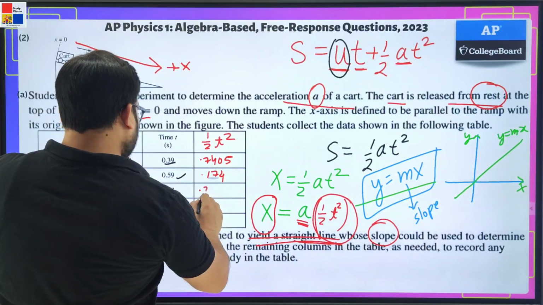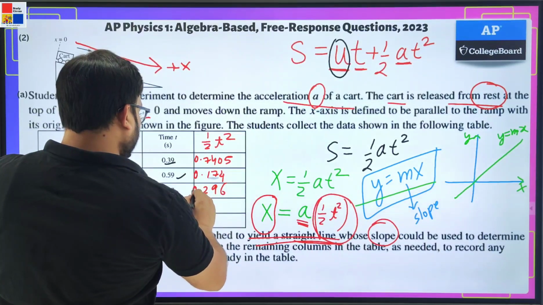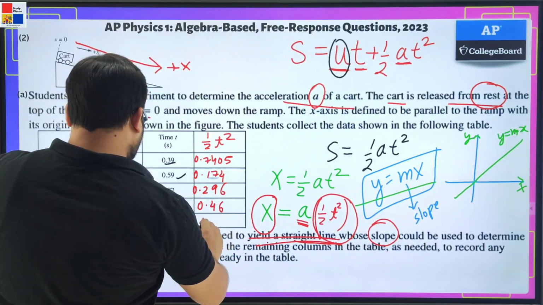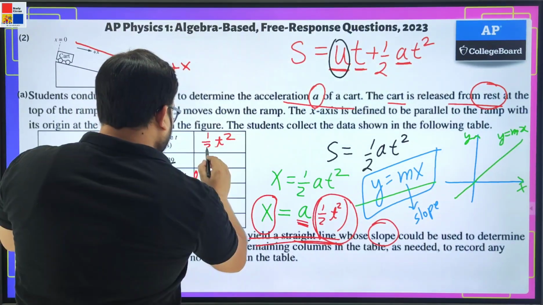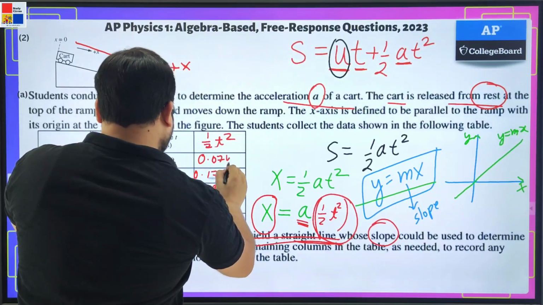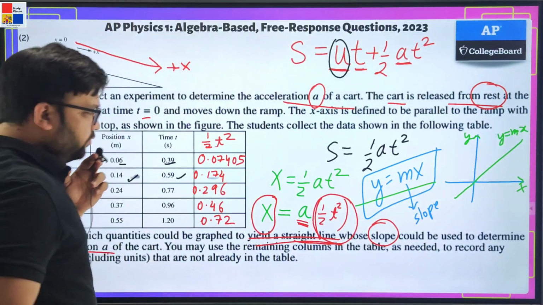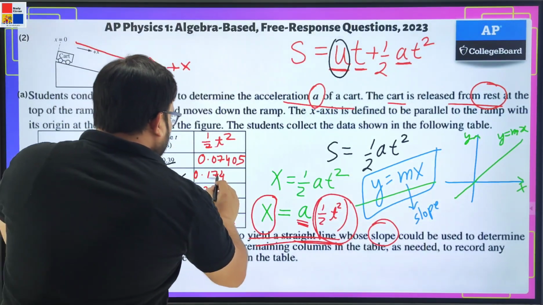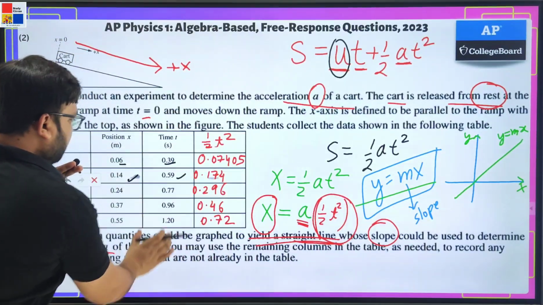This is 0.296, and obviously there is a 0. This is 0.46, and this is 0.72. These are the values of half t square for the given time.